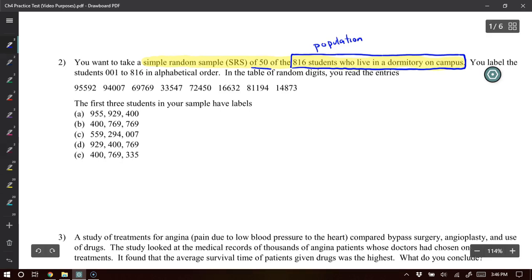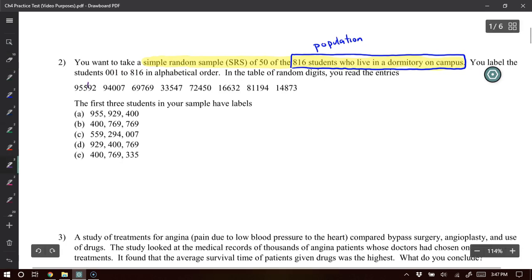Also pay attention to how the problem is asking you to label: students 001 to 816 in alphabetical order. So it looks like we are dealing with 3 digits. So I'm going to break this table of random digits into groups of 3.